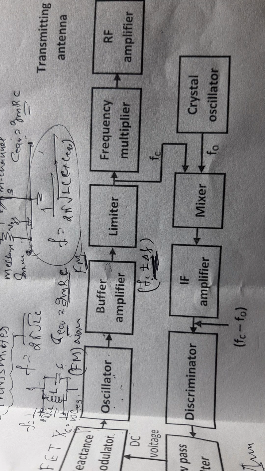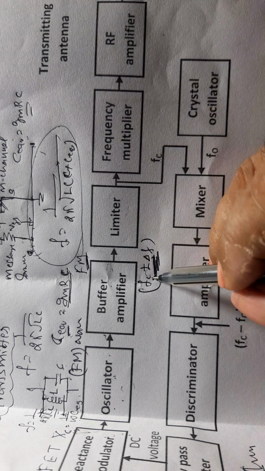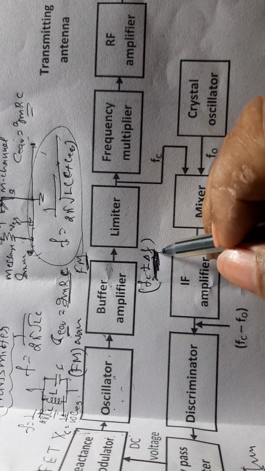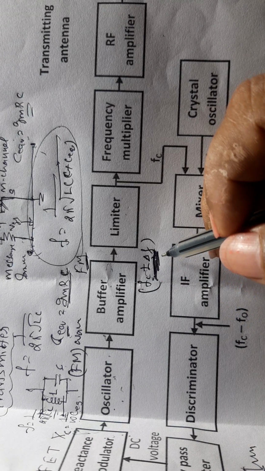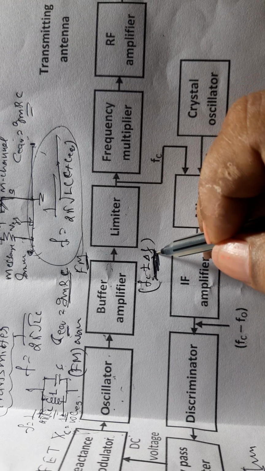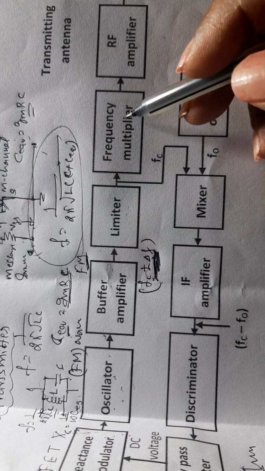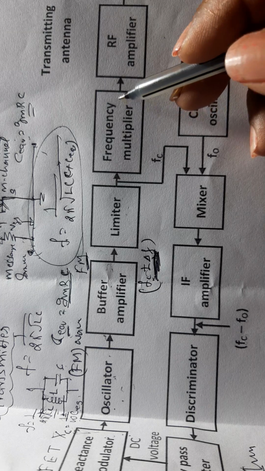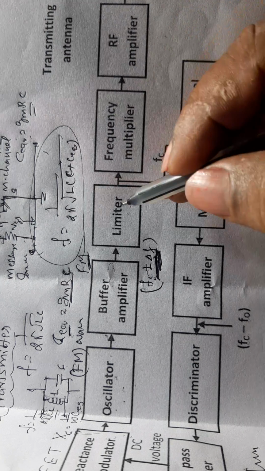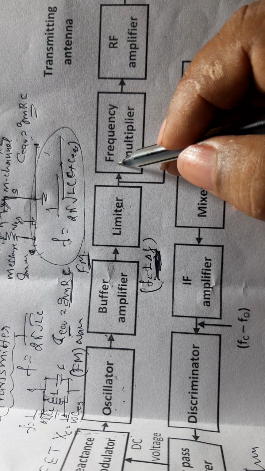Therefore, you have to increase this carrier frequency Fc as well as the carrier deviation delta F almost to light frequency. That means you need to multiply this. Therefore, there is an electronic circuit known as the frequency multiplier, which multiplies the incoming frequency.